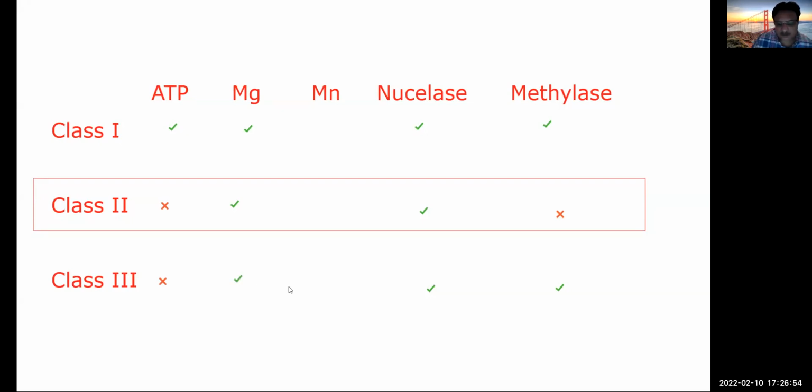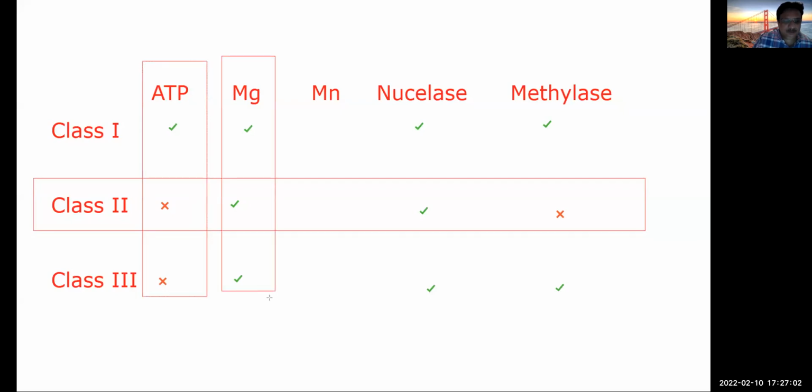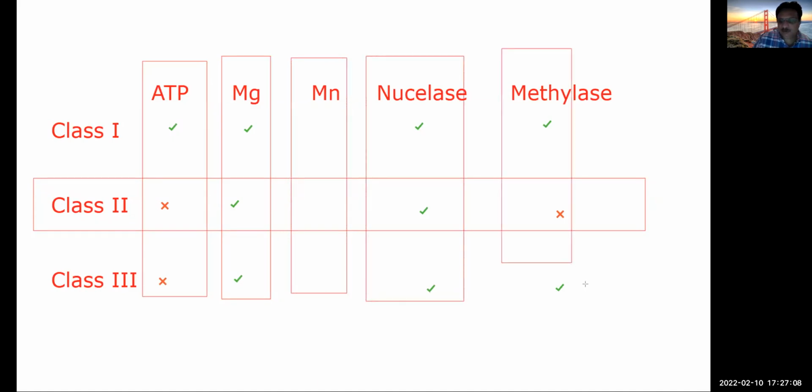So what I was suggesting is that you can read systematically and comparatively, right? If you're taking any exams which require you to have things memorized or in your system very quickly and efficiently, you can see that ATP is required by only the class 1 enzyme, right?